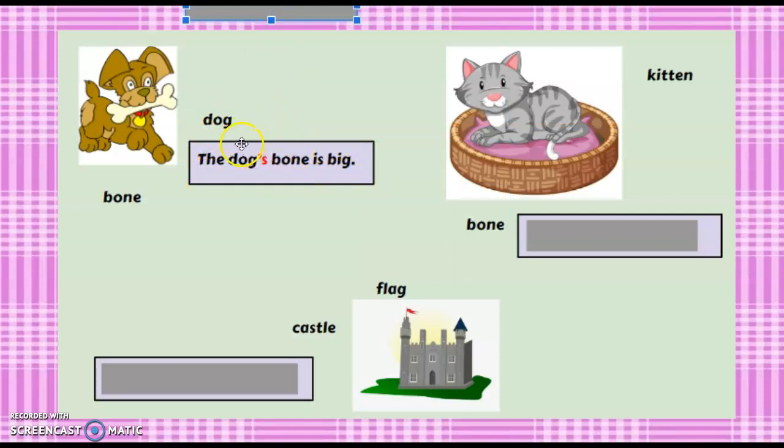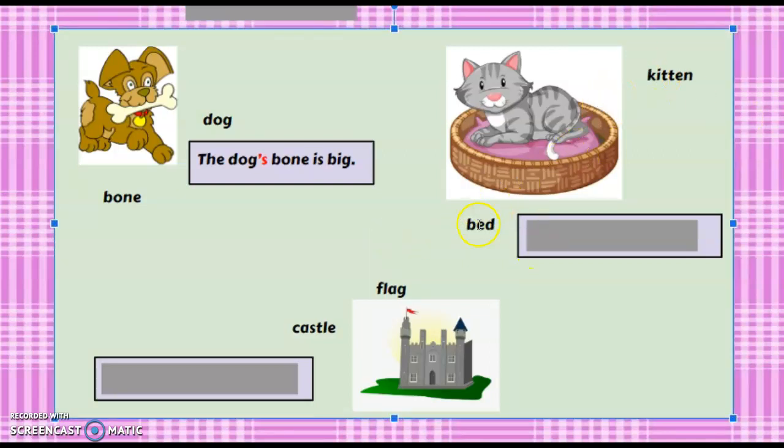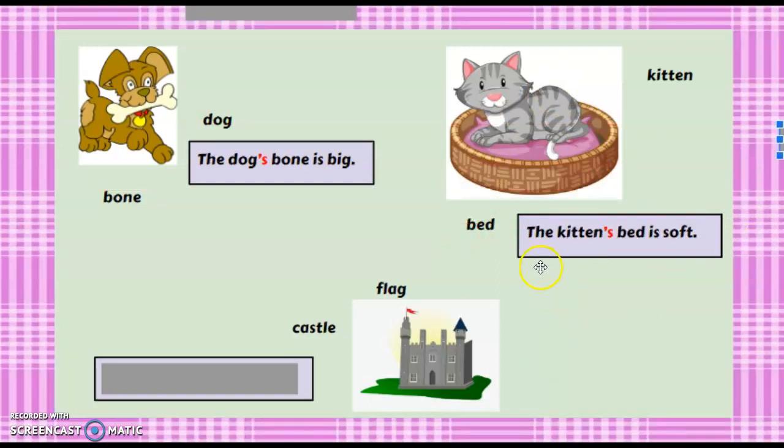And since the bone belonged to the dog, we would do an apostrophe S. Here is a kitten and a bed. Does the bed belong to the kitten? Does the kitten own the bed? Or does the bed own the kitten? You've got it. The kitten's bed is soft.